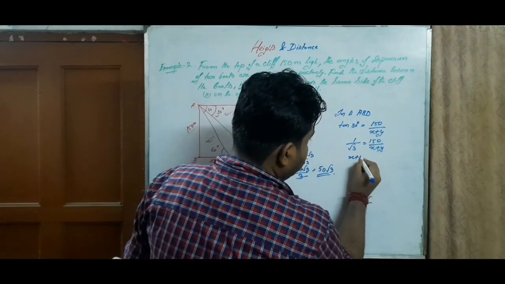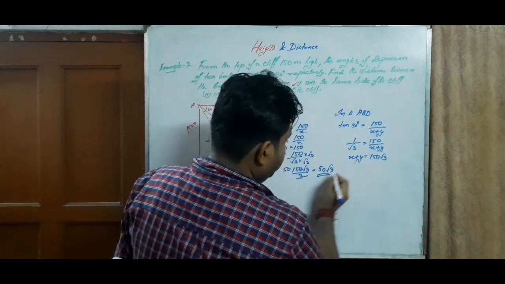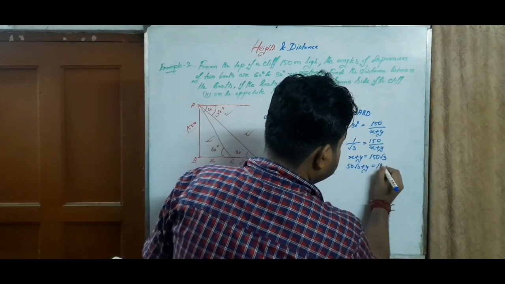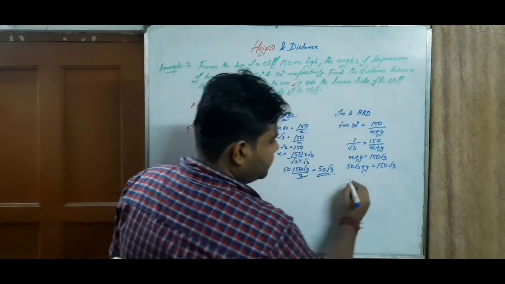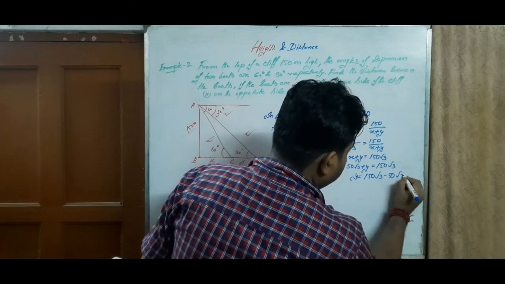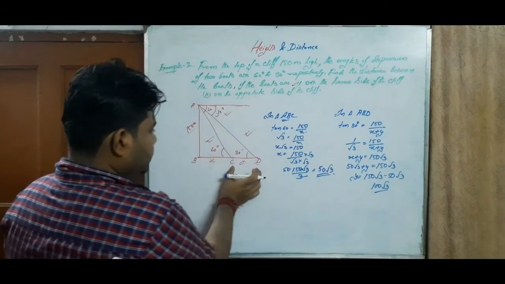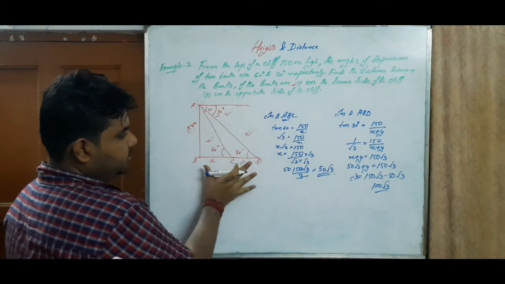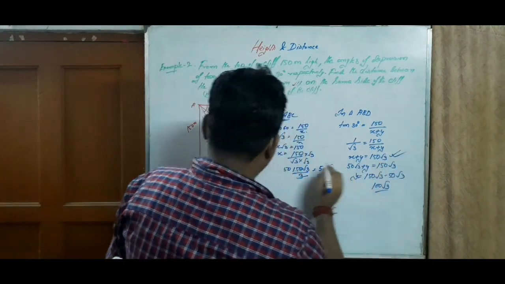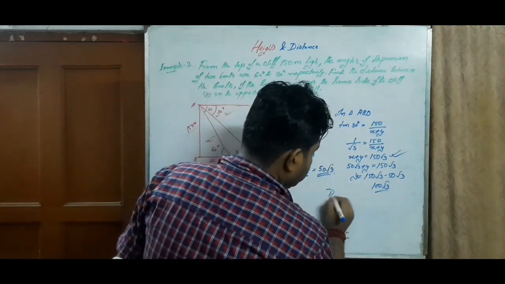We can write x plus y equals 150 root 3. Now we know the value of x, that is 50 root 3 plus y equals 150 root 3. That is y equals 150 root 3 minus 50 root 3, that is 100 root 3. Therefore, x plus y, that we have already got, is the distance of the second boat.